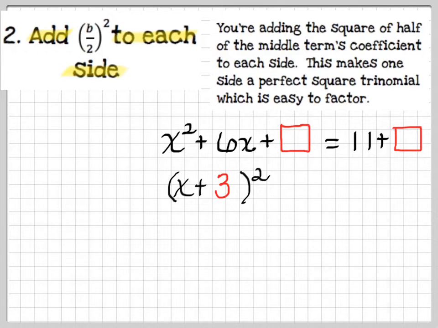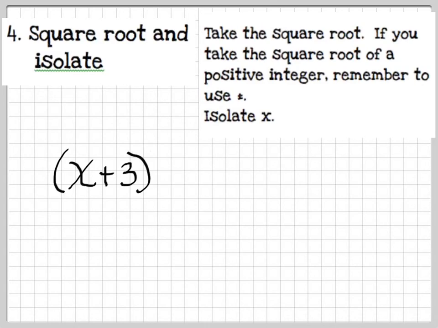The number that goes in this box is the square of 3, or 9. We will add 9 to both sides. And then we will solve for x. Now we did this in class the other day. To undo a square, you take its square root.